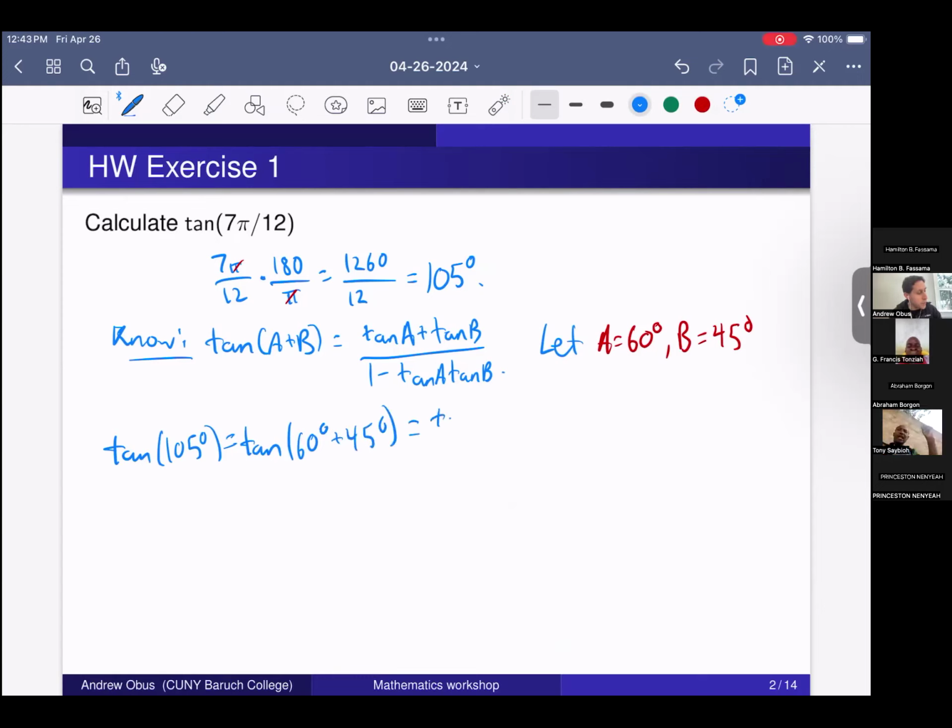And that becomes tangent 60 degrees plus tangent of 45 degrees divided by 1 minus tangent of 60 degrees, tangent of 45 degrees. Okay. And so remember, what is the tangent of 60 degrees?